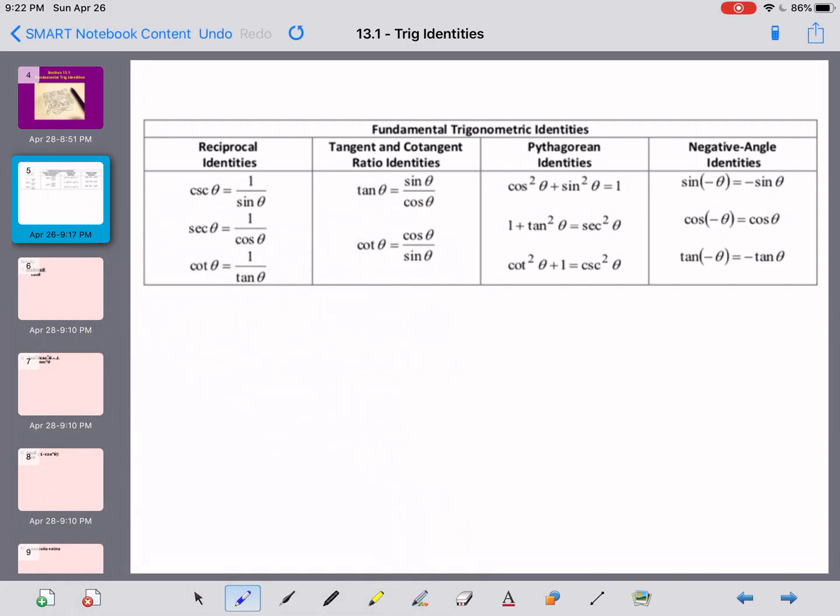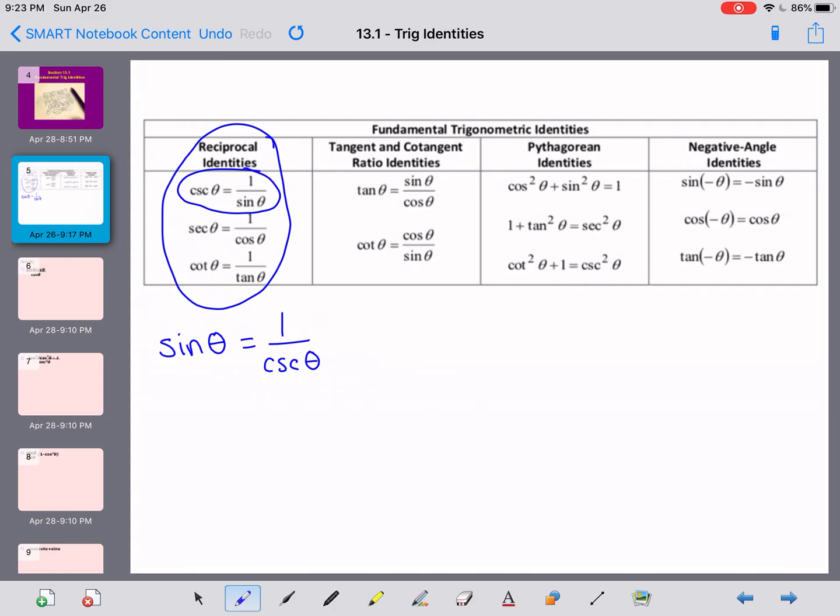So reciprocal identities, you should know these now. So for example, you know that sine of theta is equal to 1 over cosecant of theta, at least I hope you do. So this is just saying it the other way around, that cosecant of theta is 1 over sine of theta. So those are your reciprocal identities.